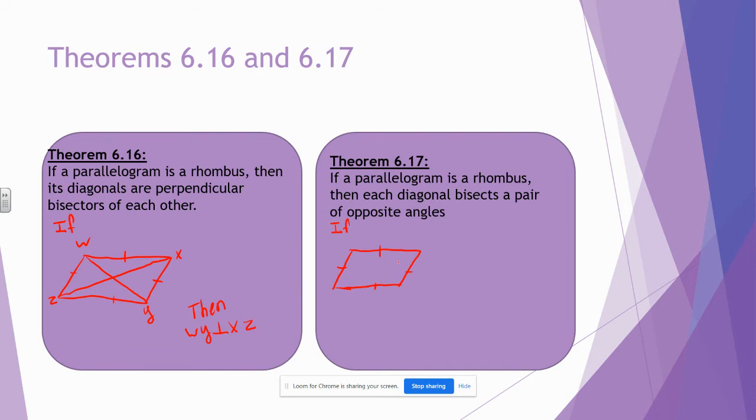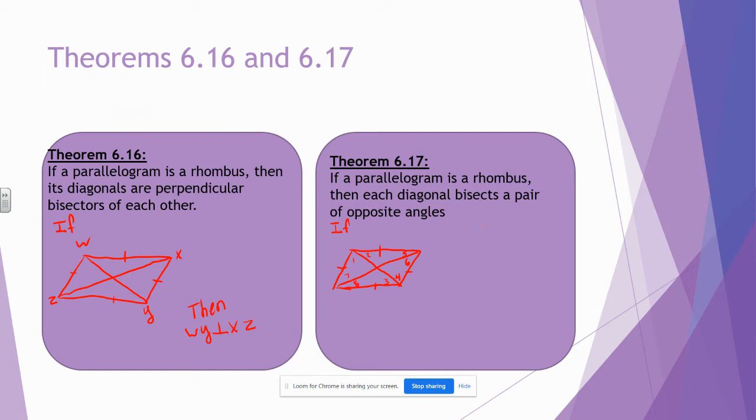So we've got all four sides are congruent. We have our diagonals right here. Let's call this 1, 2, 3, 4 down here, 5, 6, 7, 8.